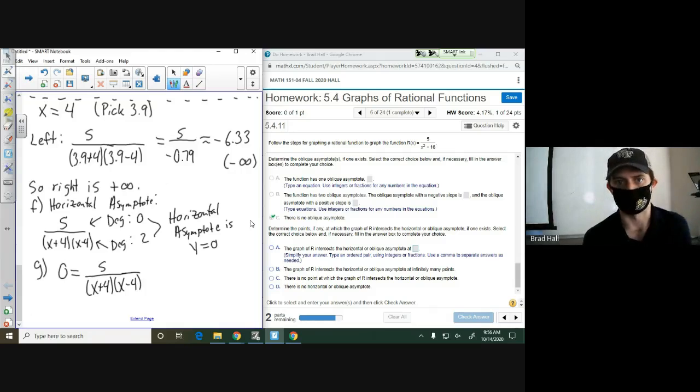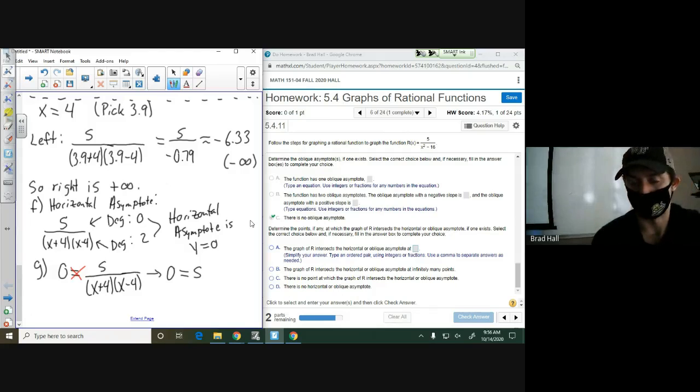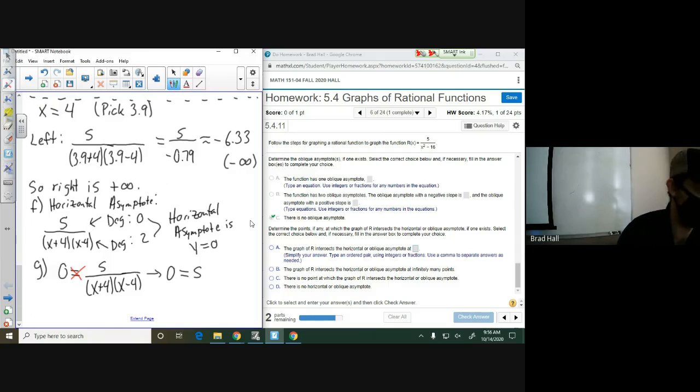But you may notice this looks very familiar. We've already done this computation. We did this computation when we were looking for the x-intercept. So what happened in that situation? We cross-multiplied, and we found that 0 was equal to 5, which doesn't make any sense. We hit an illogical next step. So there are no points of intersection with the horizontal asymptote.